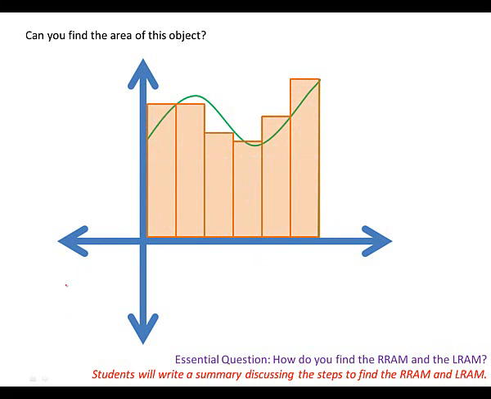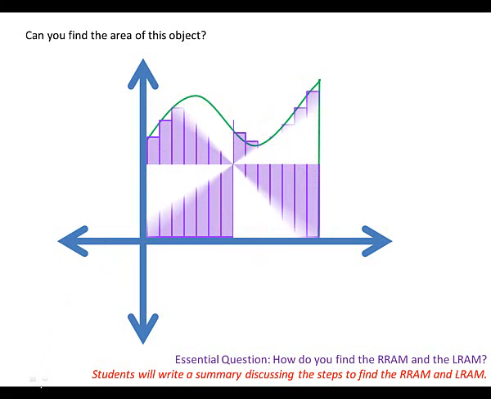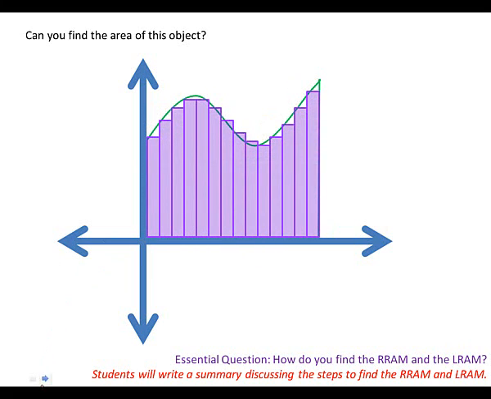I can make them go over the top, so that's another way I could approximate it. I could cut them in half, and I'm getting better, right? The more rectangles I add in there, the better my approximation is. The width of the rectangle is really the approximation. Eventually that width, in a couple of days, is going to become our dx. So that's the purpose of the dx.